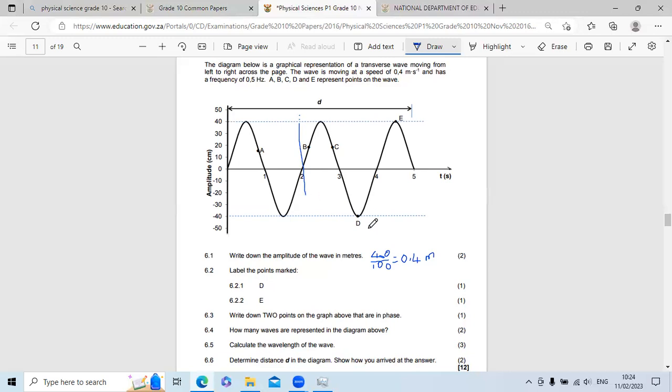So if you look at the previous notes from our very first lesson, this is the trough and this is the crest of the wave. I don't know if you still have those notes from the first lesson we had, but I told you that the highest point on the wave is the crest and the lowest point is the trough.